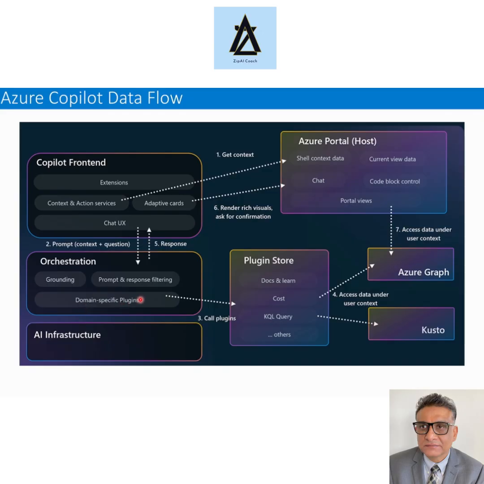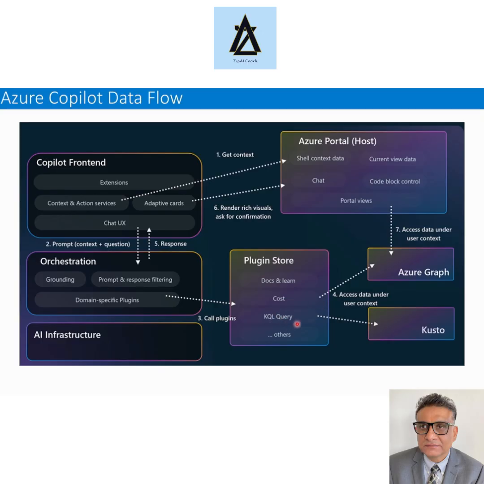For example, you would have a plugin for cost management, and a plugin for resource graph that would be used to perform a cost query. It may have access to Azure Resource Graph, which is basically the database that contains information on all the resources that you have in your tenancy.